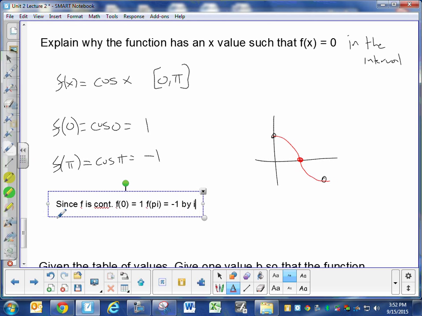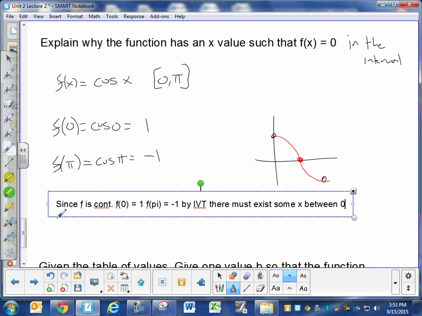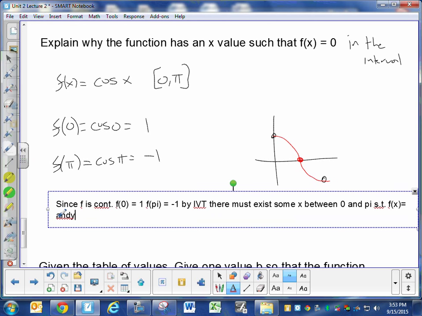By the intermediate value theorem, there must exist some x-coordinate, and that x is between 0 and pi, such that that function value evaluated at that x is equal to really 0, but I could say, if I wanted to, any value between -1 and 1. Okay, that's what the intermediate value theorem states.